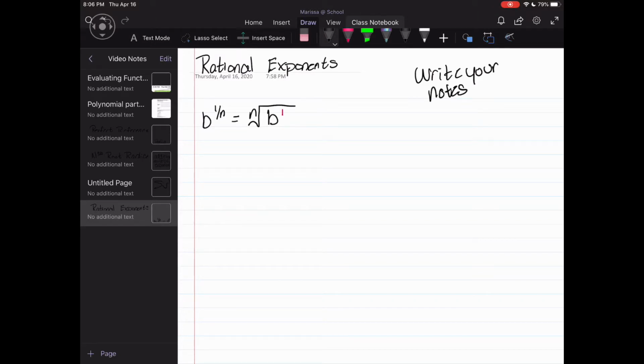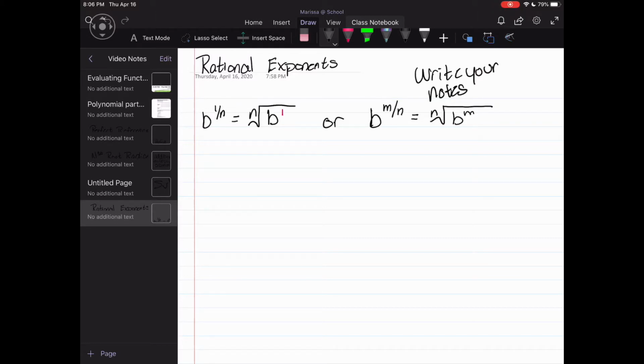So, in other words, maybe you'll see this form. You might have b to the m over n power. That just means that I'm still going to have the n as my radical, as my root, and that m is going to stay on the b.